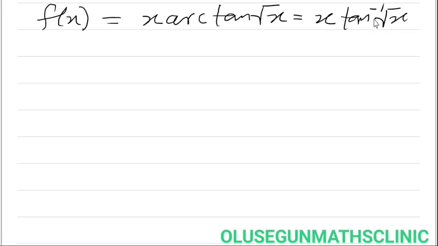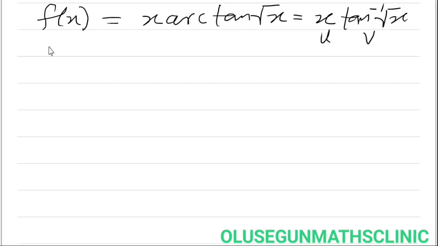This is what it's trying to say. So how do we solve this? What are the logical steps that we need to solve this question? Remember that this is a product rule. This is UV, so you have to apply the laws.